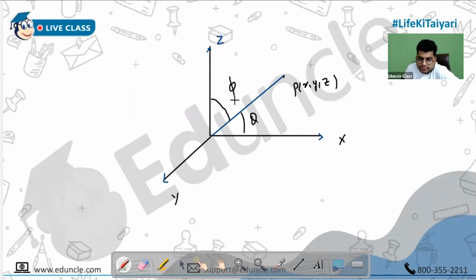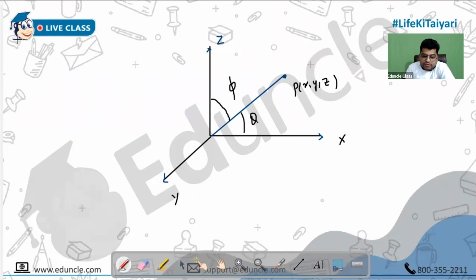This is the phi. Phi is the angle from z-axis. So we have two angles. So what is the coordinate system of the spherical system?